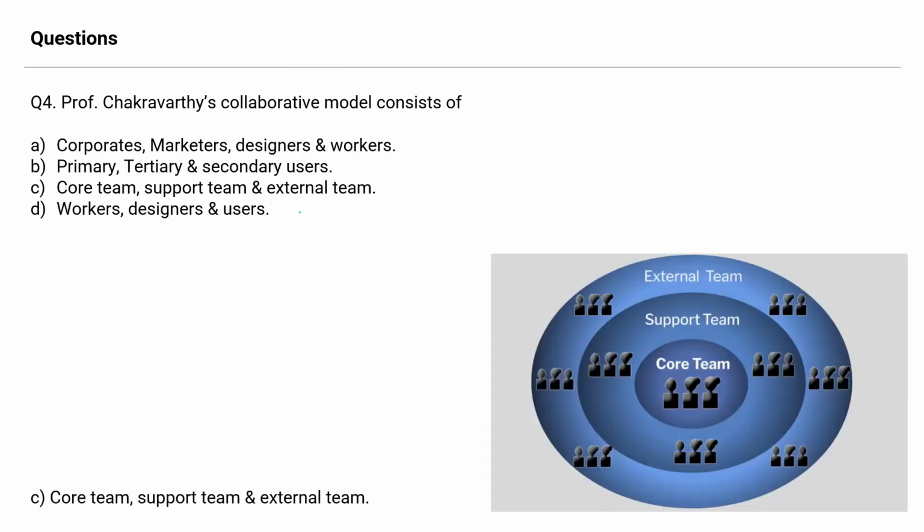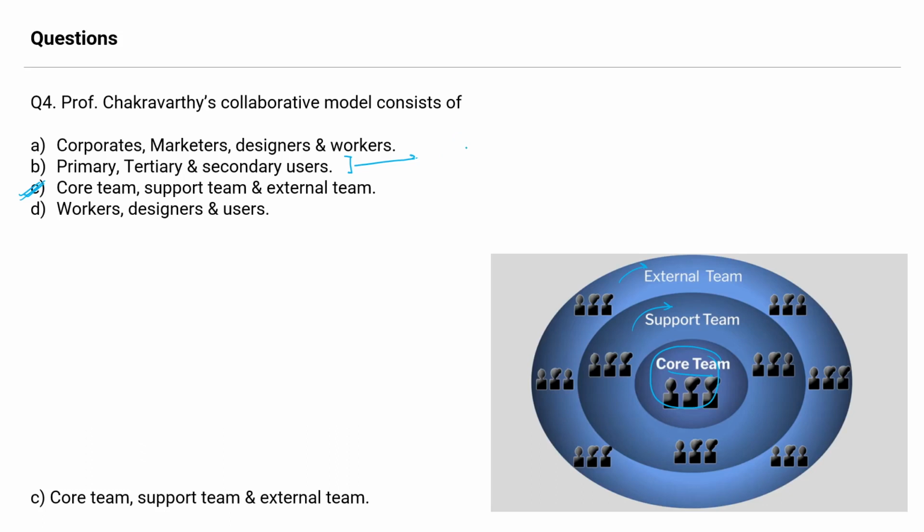And if we see the model which Professor Chakravarti has presented, it says that the core team is in the middle, then comes your support team, and then comes your external team. So from that perspective, the correct answer, as many of you have rightly mentioned, is option C. These are basically different types of users, and their expertise, rightly said, is not being exchanged.